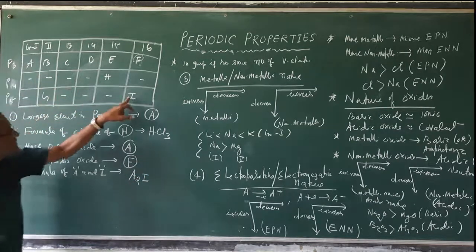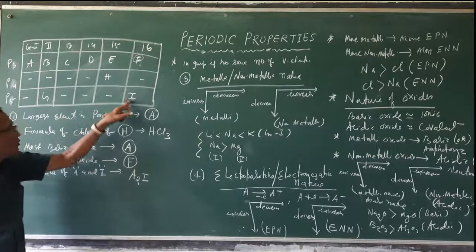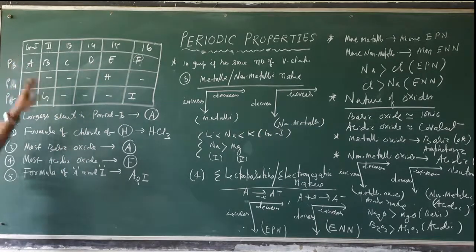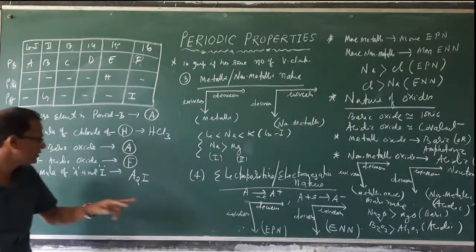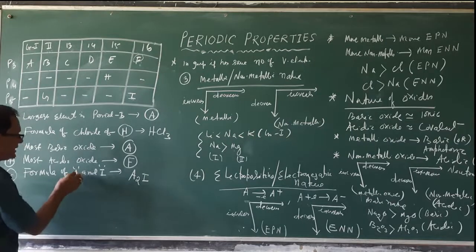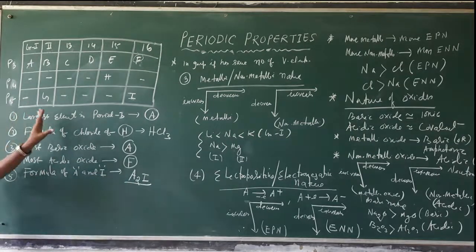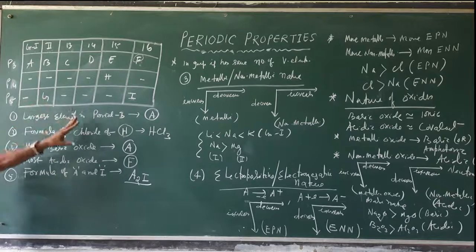As I has valency 2 and group 1 means valency 1, the formula of A and I is A2I. So this type of tricky question will be asked in your examination. Read the table carefully and read the question, then write accordingly. Okay? Thank you.